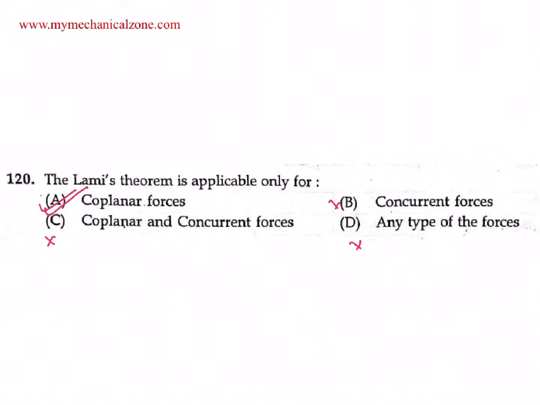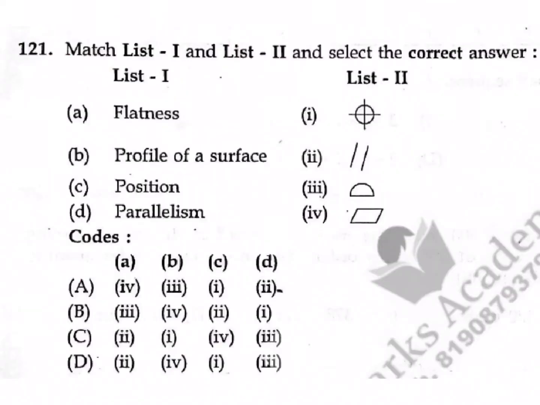Matching question: flatness, profile of a surface, position, parallelism. D is double I, position also I. Then flatness and profile of surface. A with IV and B with profile of a surface, triple I, C with I, this is correct.